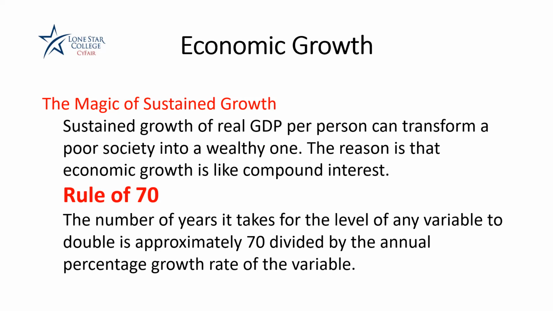You can use this rule of 70 for any economic variable, but since this chapter is about economic growth, we are interested in basically using this formula to measure and predict and estimate the number of years it will take for a country to double the current economic growth rate.